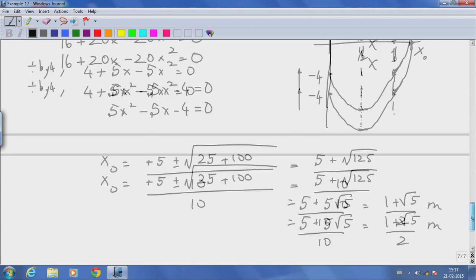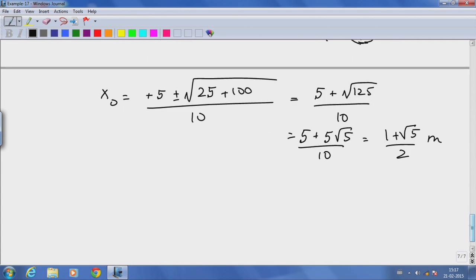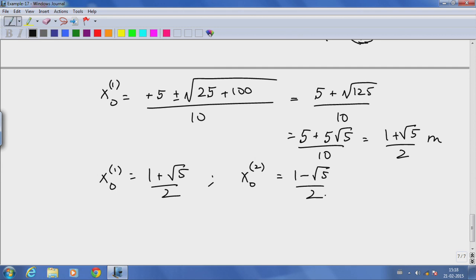So, 1 plus square root of 5 divided by 2 is one possibility, and I will call this x naught 1. X naught 1 is 1 plus square root of 5 divided by 2. The other possibility is 1 minus square root of 5 divided by 2 meters.